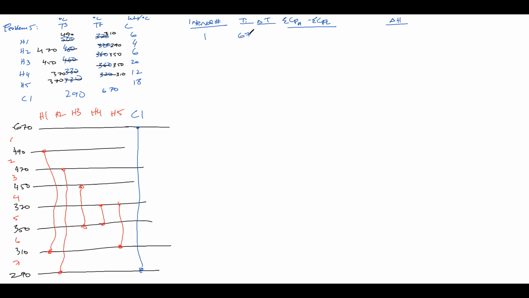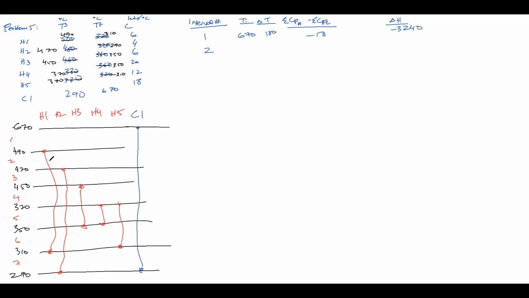Initial temperature is 670, delta T from 670 to 490 is 180. I only have one cold stream here, C1, so this will be minus 18. And delta H will be minus 18 multiplied by 180, which is minus 3240.